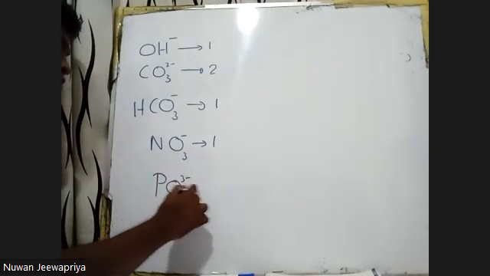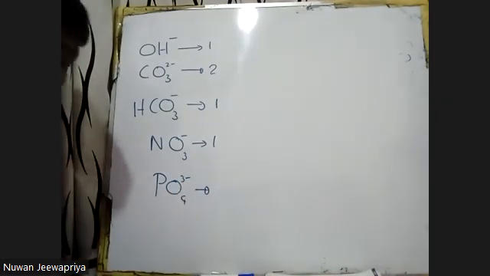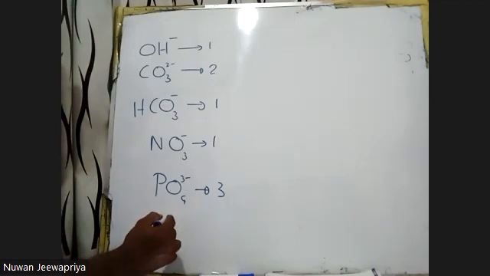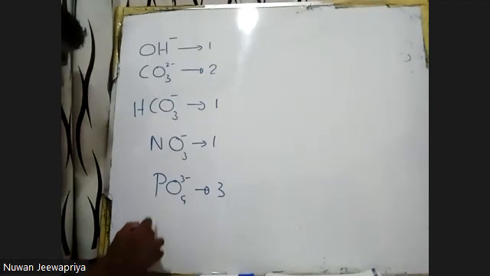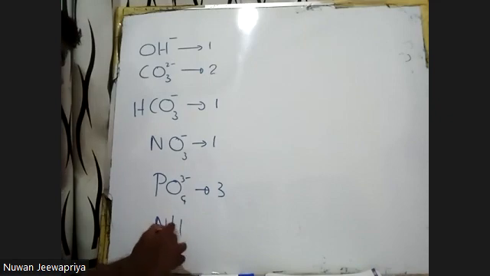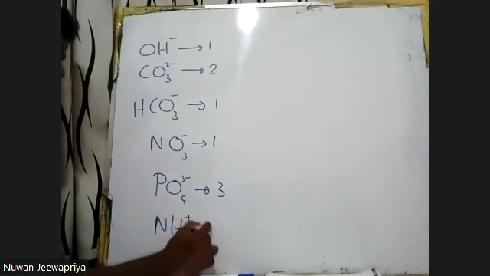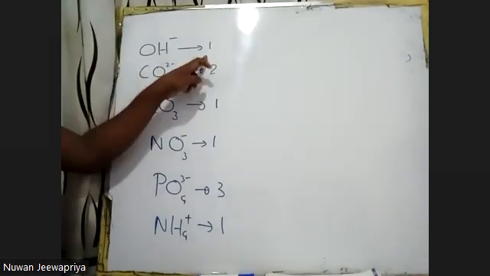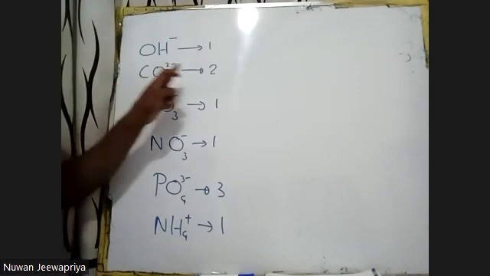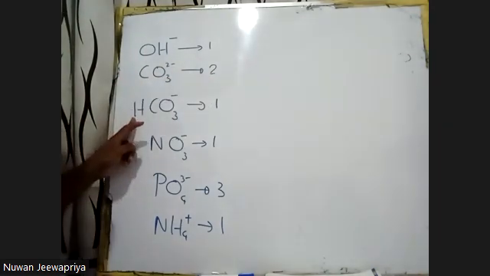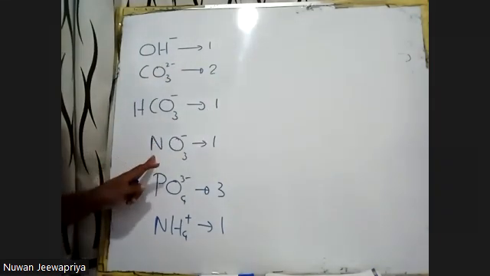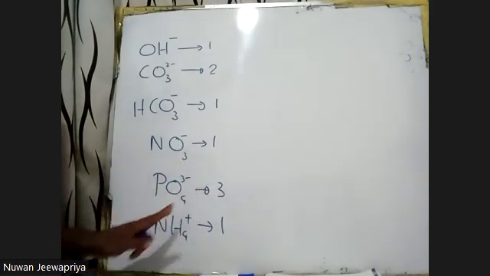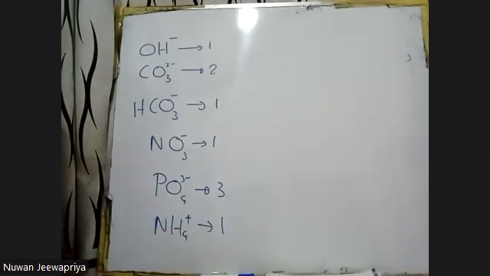PO4 3 minus. We call that phosphate. Valency is 3. And the next one is NH4 plus. Valency is 1. Hydroxide, valency 1. Carbonate, valency 2. Bicarbonate, valency 1. Nitrate, valency 1. Phosphate, valency 3. Ammonium, valency 1.